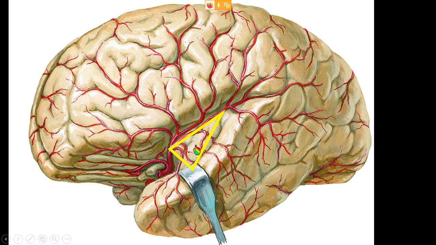The apex of the insula is known as the limen insulae, directed below and in front, and it is continuous with the anterior perforated substance. A circular sulcus separates the insula from the different opercula of the lateral sulcus.